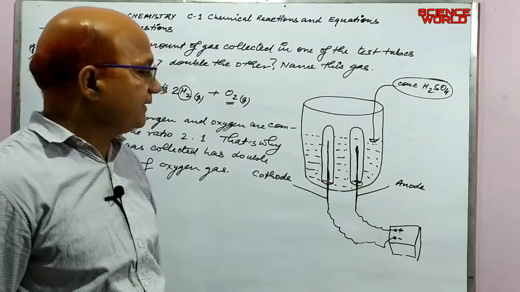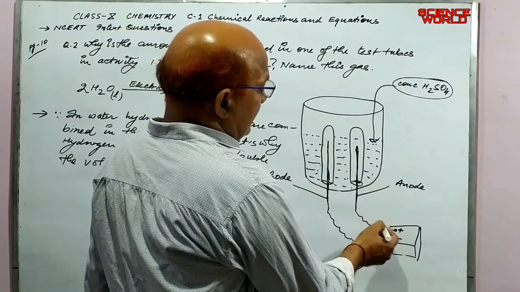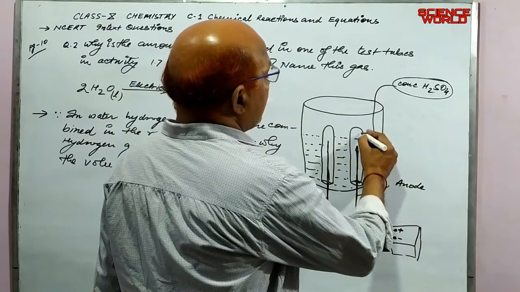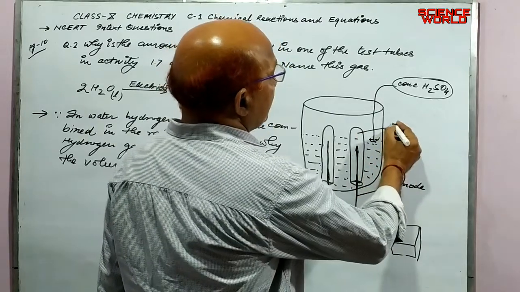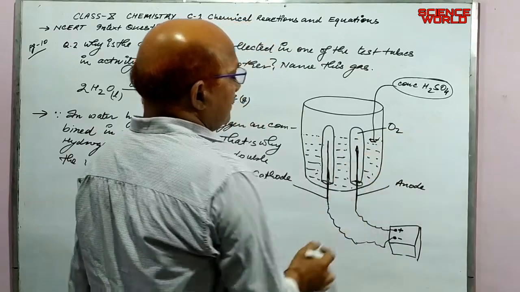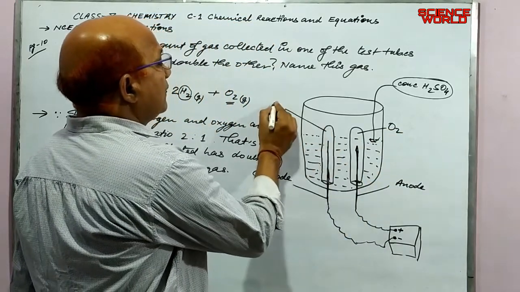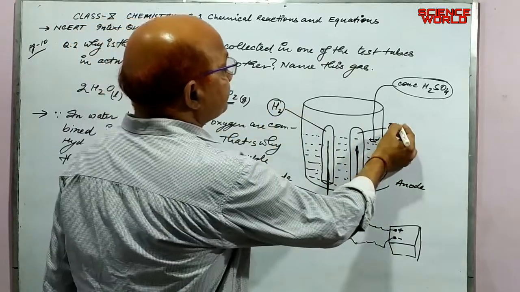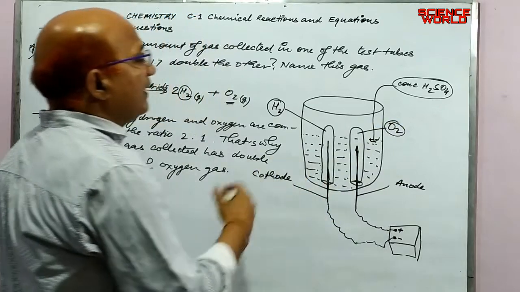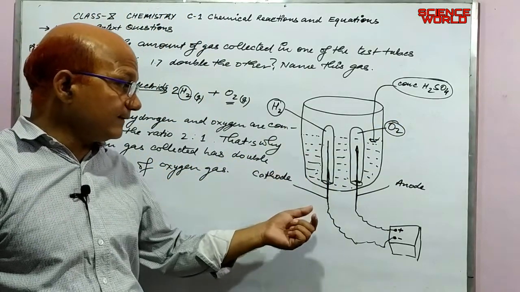You have to learn that oxygen gas is collected at the anode and hydrogen gas is collected at the cathode. It may be asked on which electrode hydrogen gas is collected.